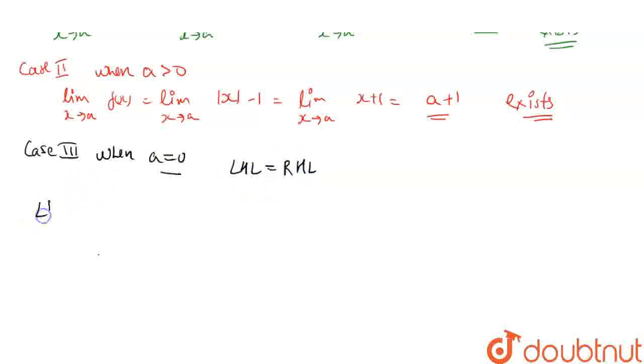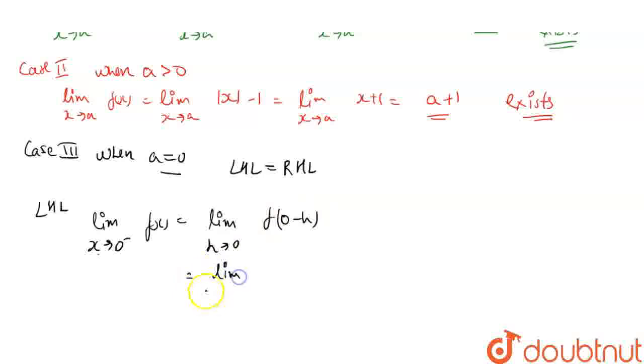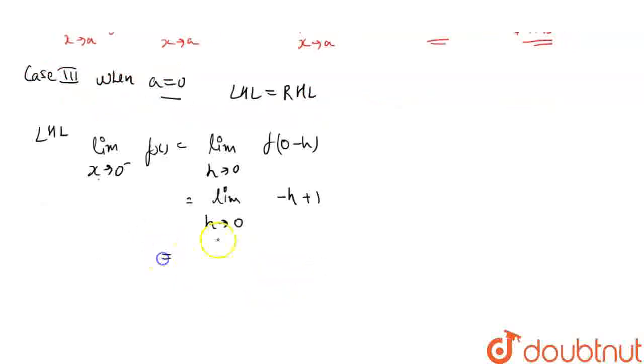So first we'll solve for left hand limit, which is equal to limit x tends to 0 minus f(x), or we can write it as limit h tends to 0 of f(0 minus h). Now f of minus h was minus h plus 1, right? So if we put the limit as 0 here, this becomes 1.